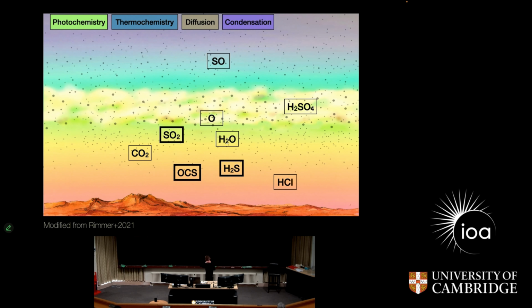It's also a problem because this photochemistry scrubs lots of these species from the upper atmosphere of Venus, the region which we can actually probe by remote observation up here. They've been broken down by photochemistry, so they're barely present in the upper atmosphere.